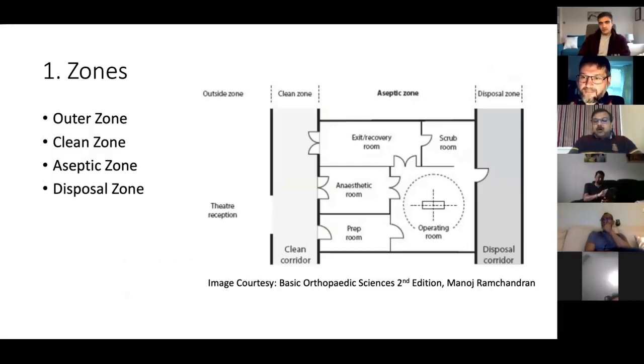The operating table and all the immediate adjoining areas are the aseptic zone. Then there is the disposal zone, which is the unclean area directly related. What you can mention is that the disposal zone should be cordoned off or kept closed during the period of surgery. It should not be open. Once you have mentioned the zones, the next thing we mention is temperature.